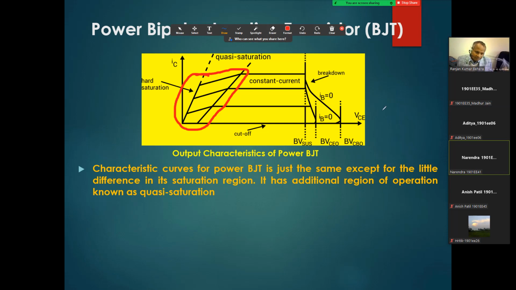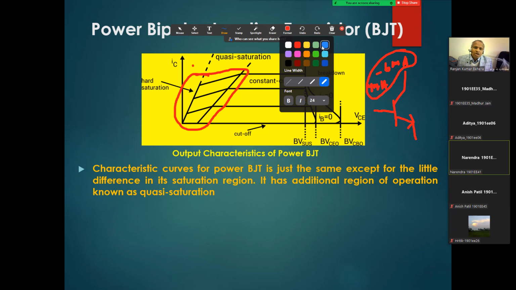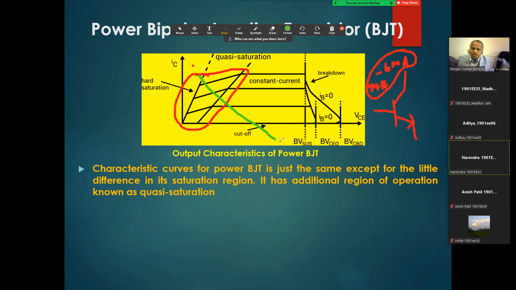Here we have this BJT, which is an NPN structure, and in this BJT the data sheet says you must have a switching signal, which can operate somewhere in the quasi-saturation, somewhere in the cutoff region. And when you go beyond this voltage, there will be a breakdown region.